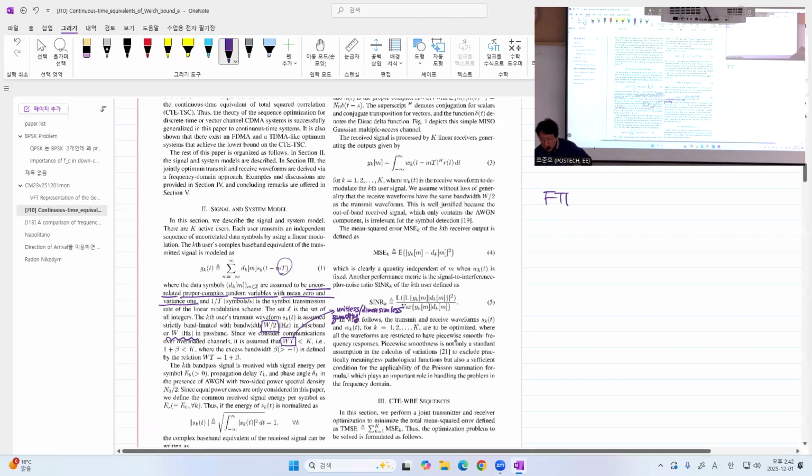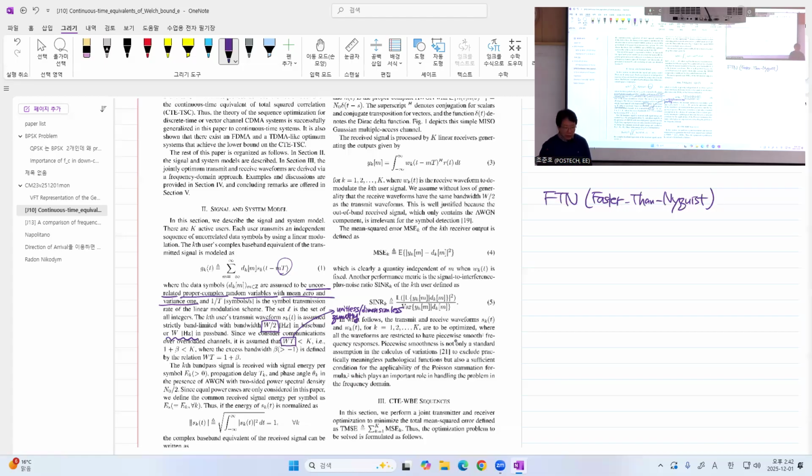So FTN, an abbreviation of faster than Nyquist, is often a very, very misused terminology. If you find 100 papers having FTN in the title, 98% of the papers have a misleading definition or no precise definition of what is really a faster than Nyquist transmission.